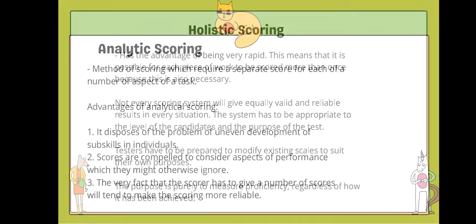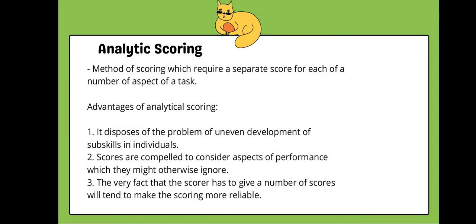Analytic scoring is a method of scoring which requires a separate score for each of a number of aspects of a task. Advantages of analytic scoring: First, it disposes of the problem of uneven development of sub-skills in individuals.